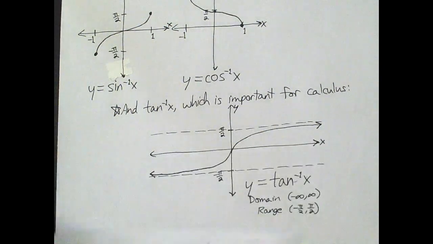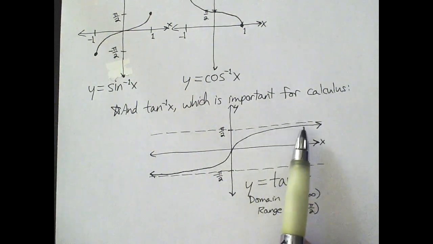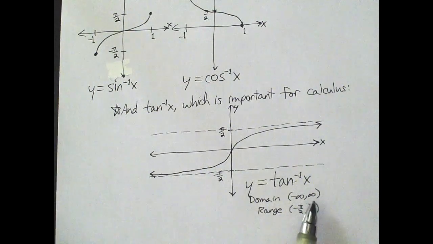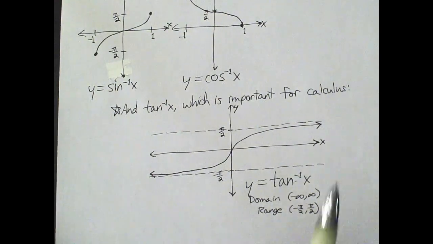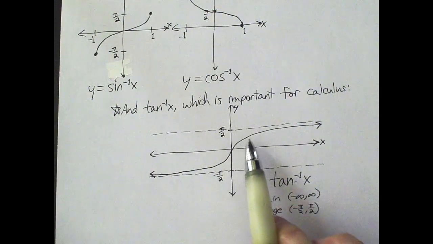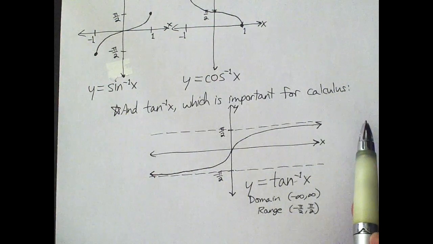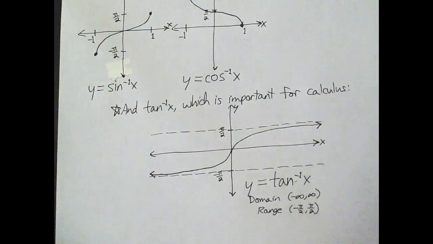It's okay to go beyond 1 to around 1.7, and it's okay to keep going on and on forever. You could do inverse tangent of 1 million. I don't know what that would be, but it does exist. I guess you could say inverse tangent of 1 million would be very, very close to pi over 2, but it never quite gets there.